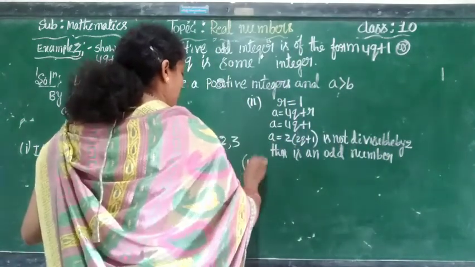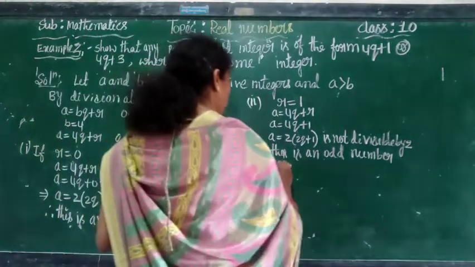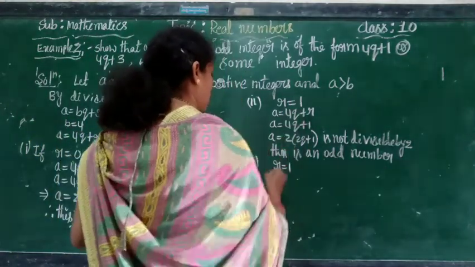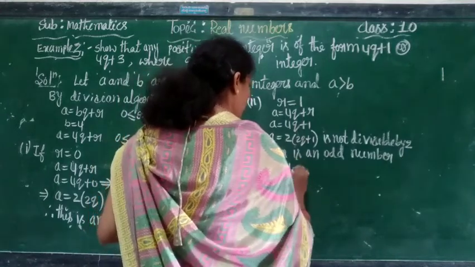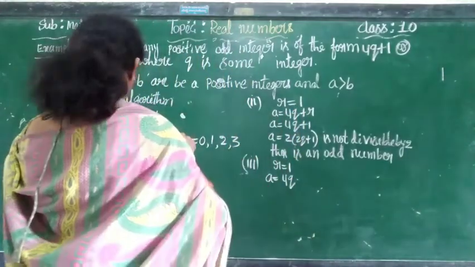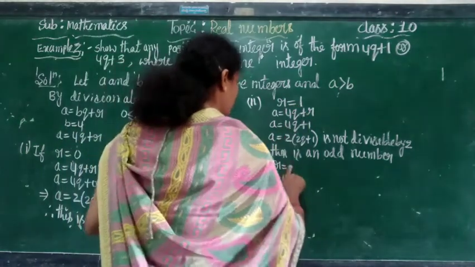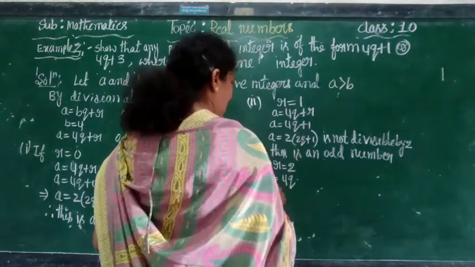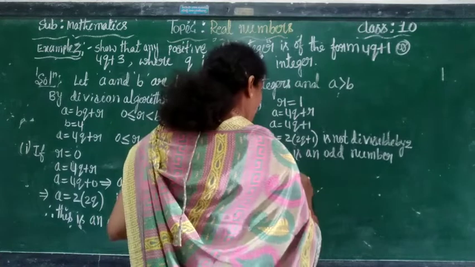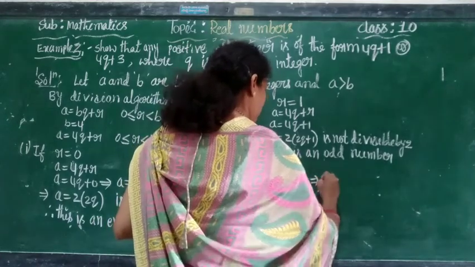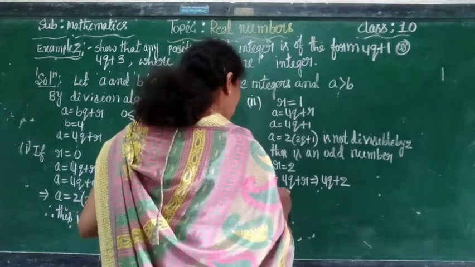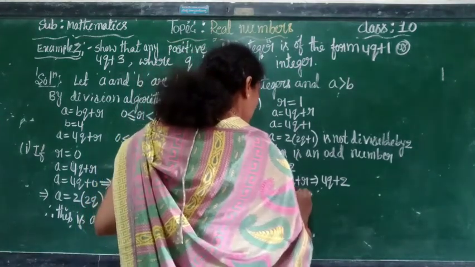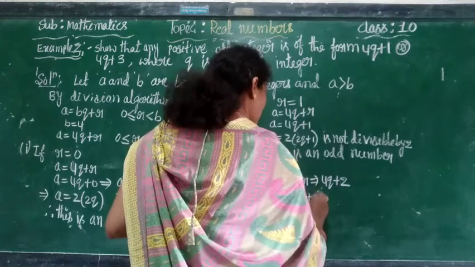Third condition, r is equal to 2. Sorry, r is equal to 0, r is equal to 1, r is equal to 2. A is equal to 4q plus r. This implies 4q plus 2. A is equal to 2 into 2q plus 1.